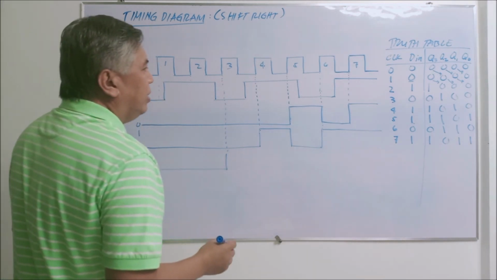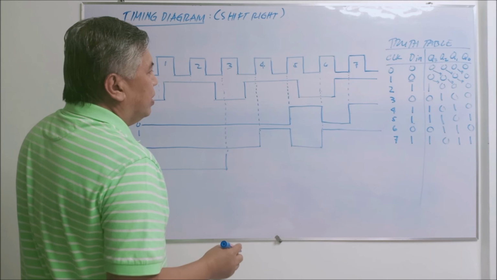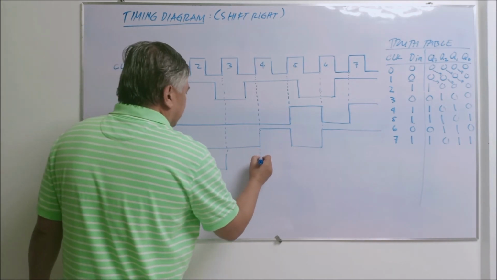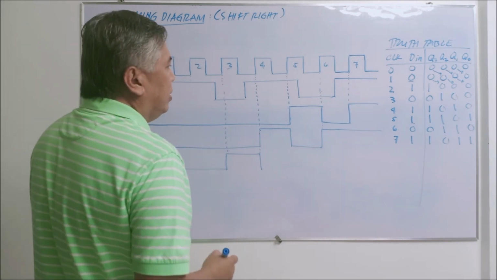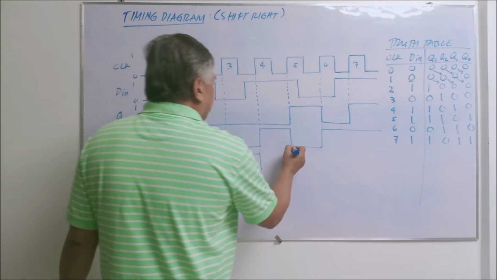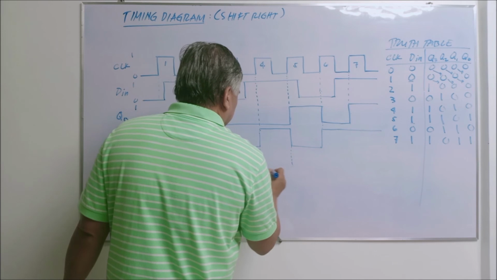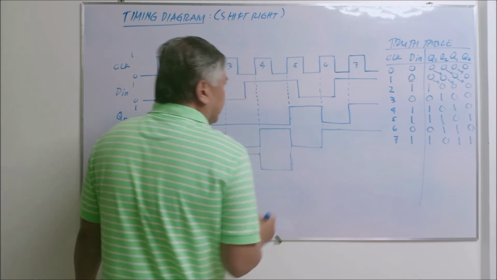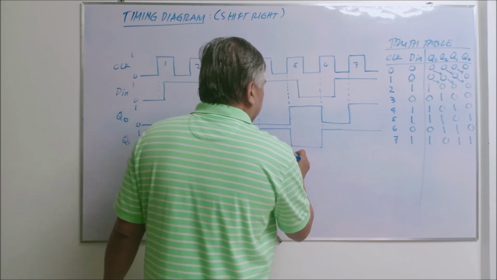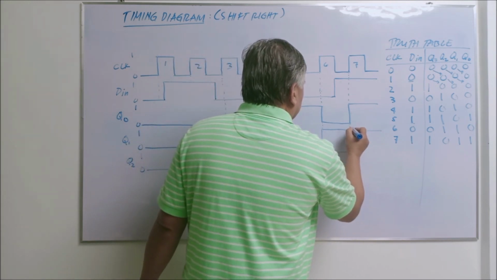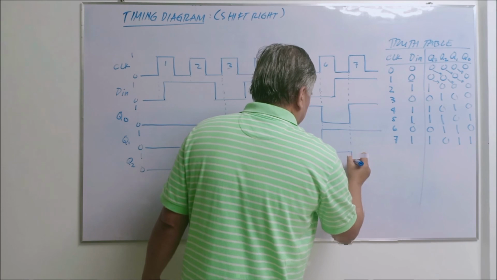And then becomes 0 on the 4th here. So you have 0. And then it becomes 1 again on the 5th here. So it becomes 1 there. And then it becomes 0 on the 7th. This one, 7th positive triggering, 0.